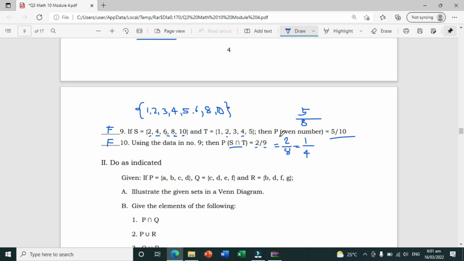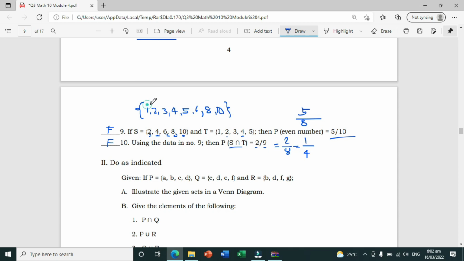So, this is false kasi yung even natin, meron tayong 1, 2, 3, 4, 5. So, surely 5 even. Tapos, kung i-list natin yung mga elements, lahat, meron tayong 1, 2, 3, 4, 5, 6, 8, and 10.